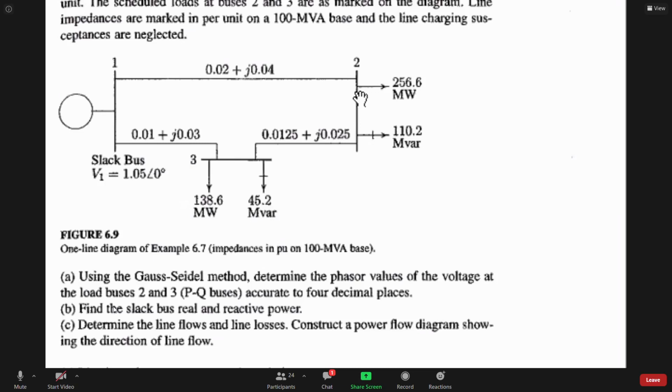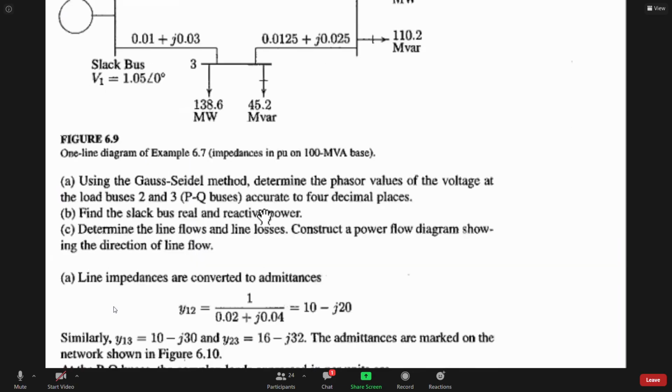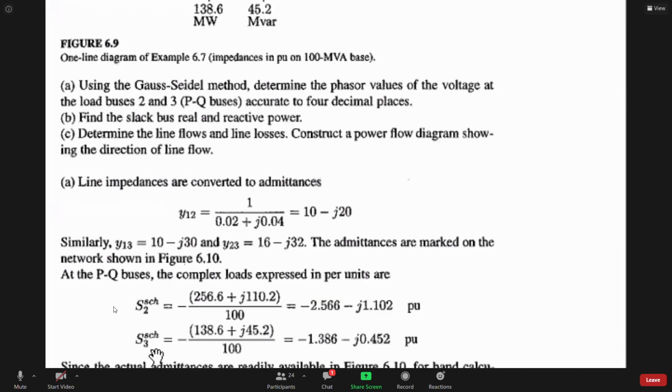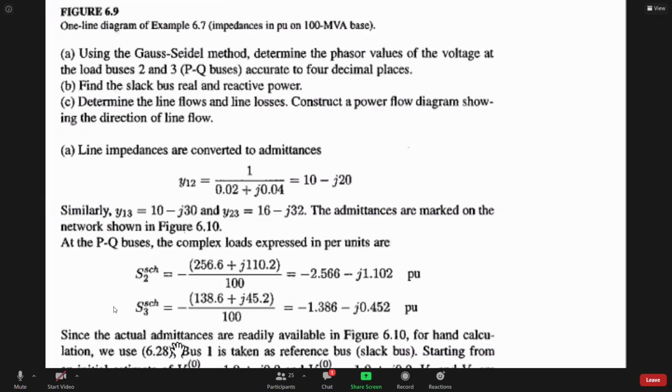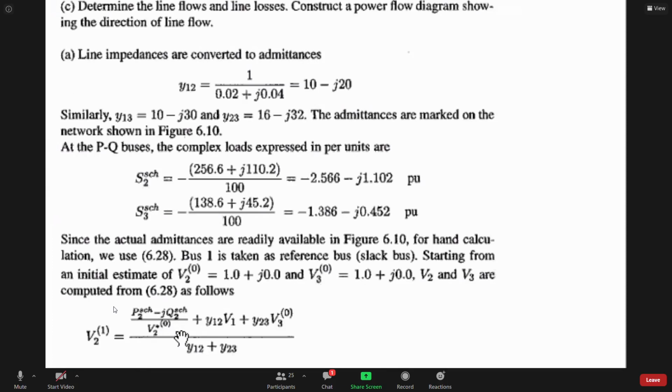So when you use scheduled load, S_sch, you have to use a negative sign because this is the consumed load. If it is the source bus, in that case it will be positive. As it is the load bus power, you have to use a negative sign. As it is a 100 MVA system, you have to convert to per unit based on that.